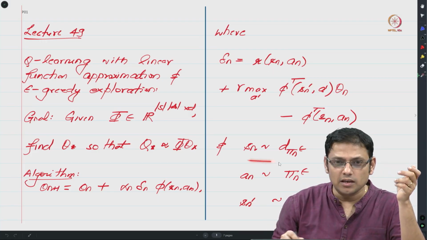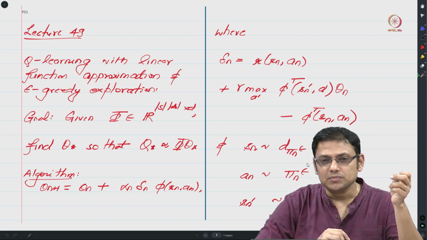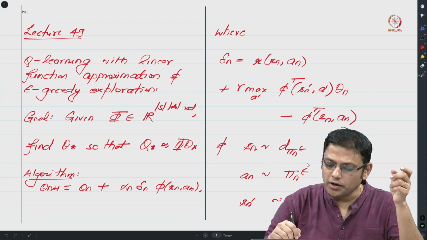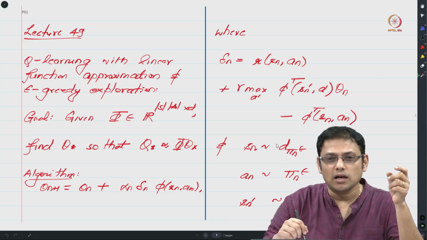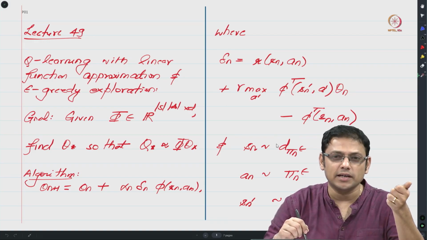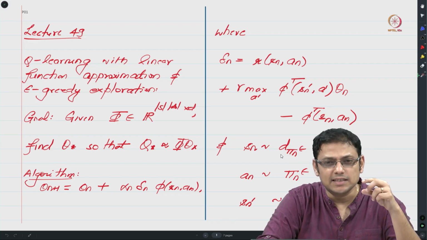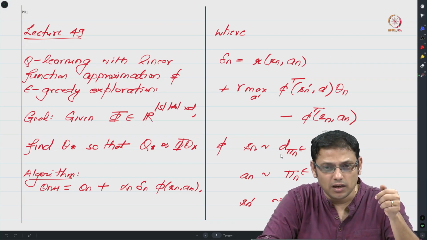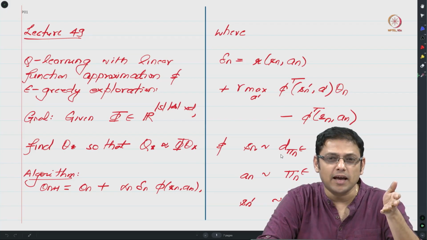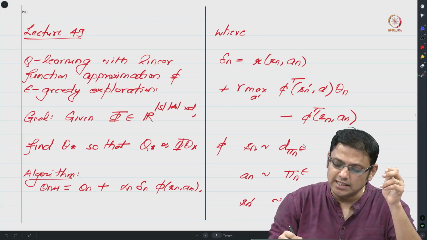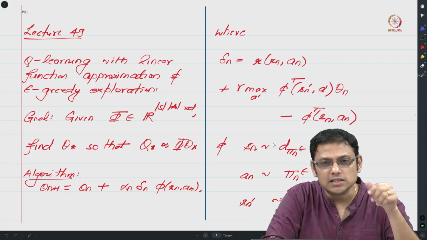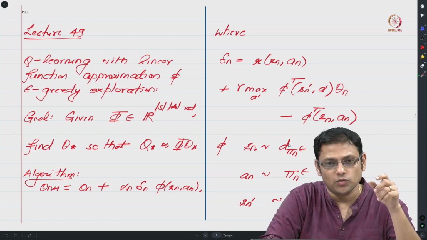In particular, in this case your Sn is sampled according to the stationary distribution associated with the current epsilon greedy policy. I say current because pi n is basically the policy that is greedy with respect to phi theta n, and pi n epsilon is the epsilon greedy version of that policy, and d over here is the stationary distribution of the Markov chain that is induced by this policy, right?